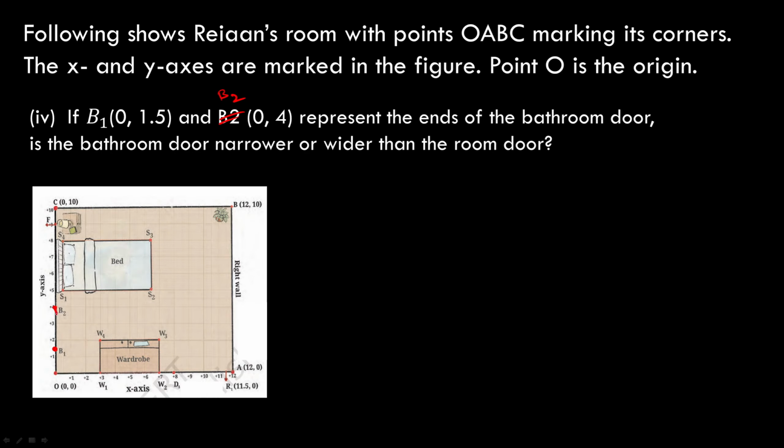Now we need to find the width of this also. It is along the y-axis, so it starts from 1.5 and ends at 4. So we have to subtract 1.5 from 4, and we would get 2.5 units.